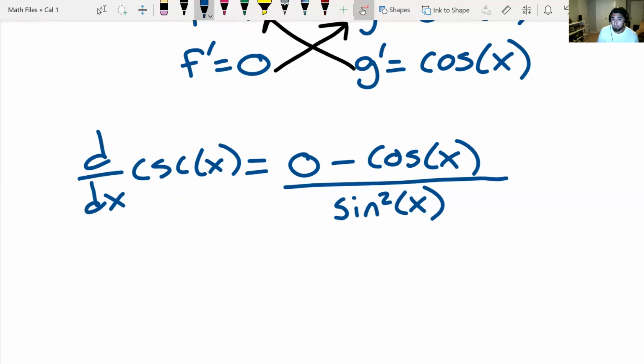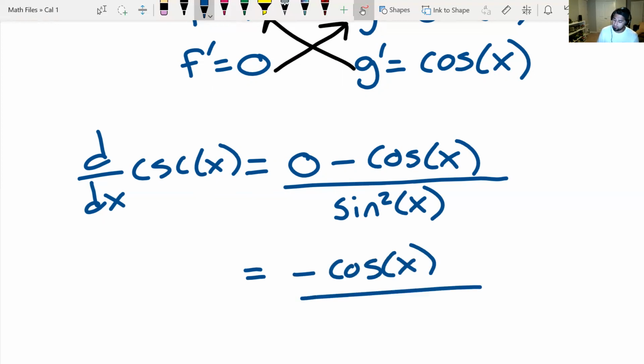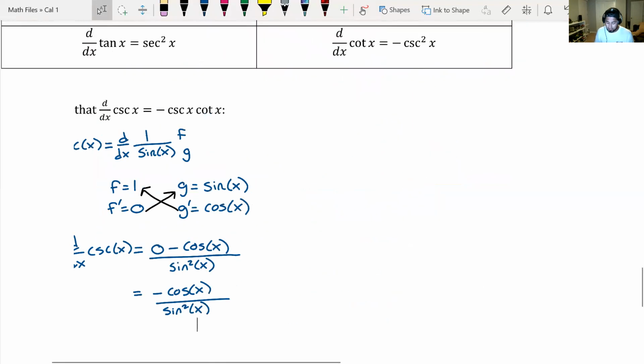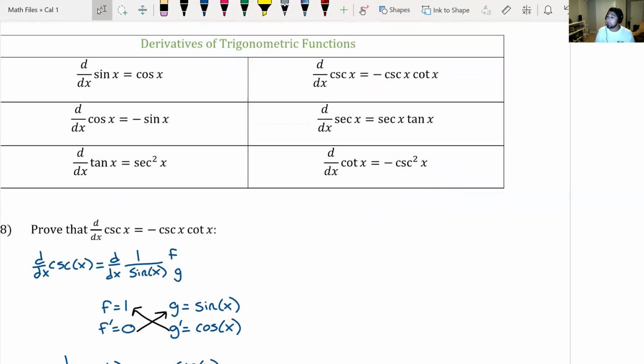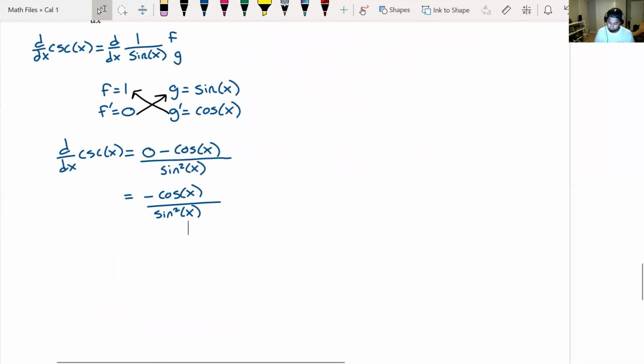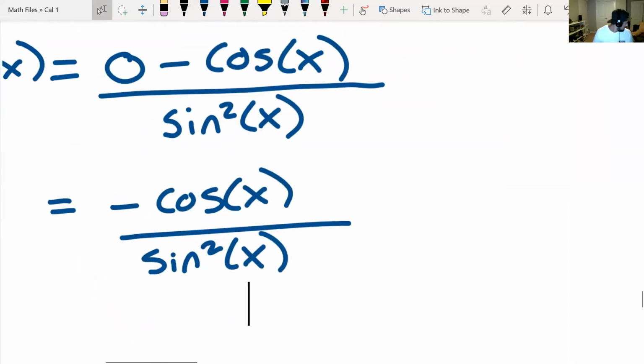Okay. Now we have negative cosine over sine squared x. And how can we make negative cosine over sine squared look like negative cosecant cotangent x? Well, that goes with how many sines do I have in the denominator?